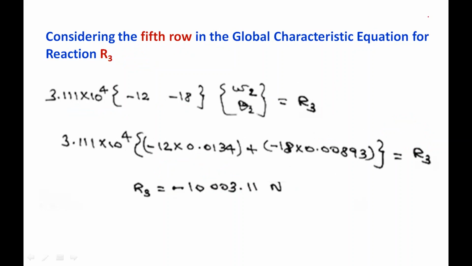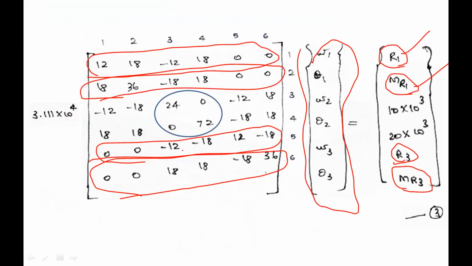Similarly, we can evaluate R3. For reaction R3, we have to consider the fifth row, the W3 row. So 3.11 into 10 power 4, minus 12, minus 18, W2, theta 2, equal to R3. How are we getting minus 12 and minus 18? Take this row: we are considering minus 12 into W2 minus 18 into theta 2, which is equal to R3.